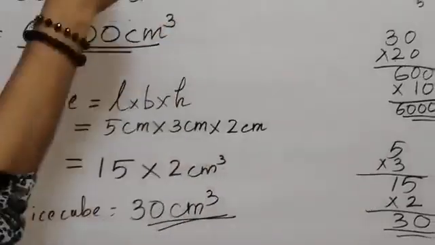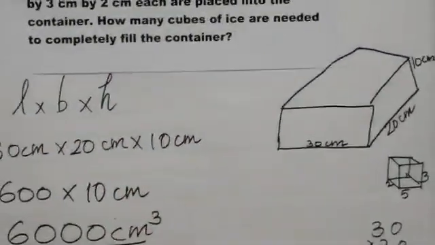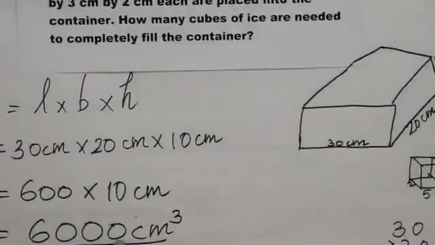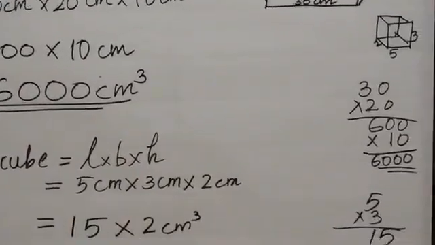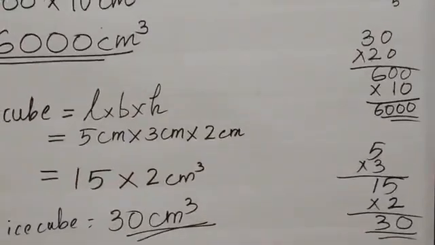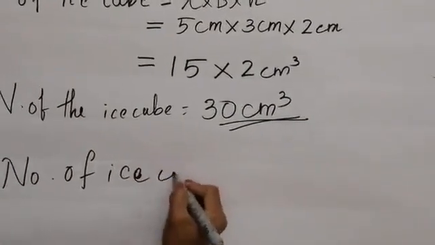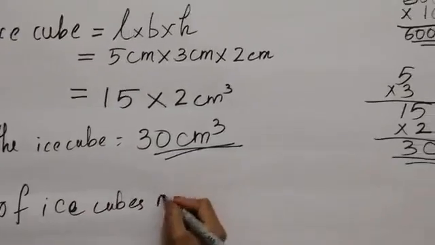The question was how many cubes we need to fill the container. If the volume of the container is 6000 and 1 cube's volume is 30, so we have to find the number of ice cubes needed.